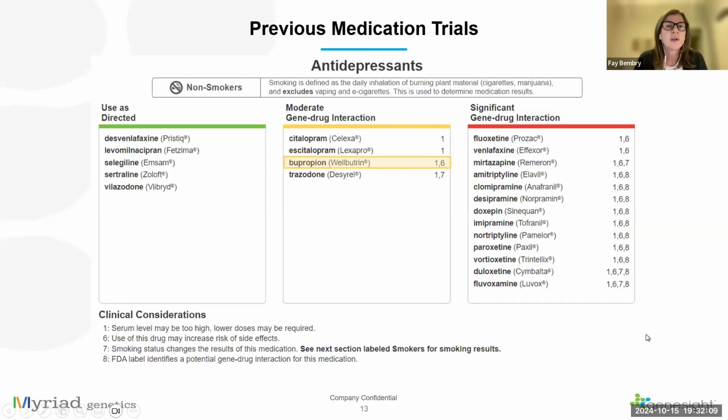If you look at her antidepressant panel, highlighted in yellow was bupropion, which she had a treatment failure of. I did not know what her doses of bupropion were when she took it before. You can see there, similar to Dr. Alva's case, we have a lot of drugs in that significant gene-drug interaction column. And if you notice to the side, a lot of ones.